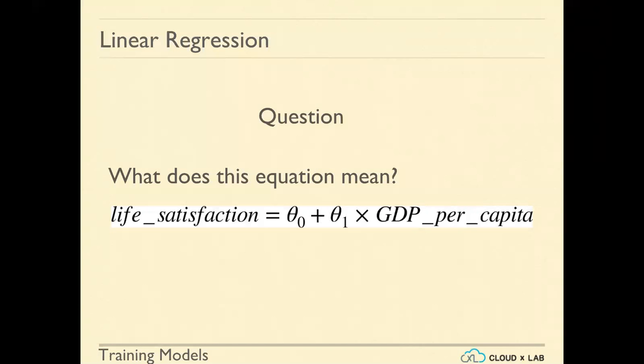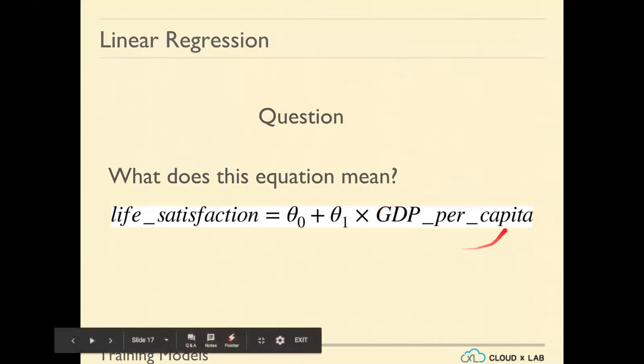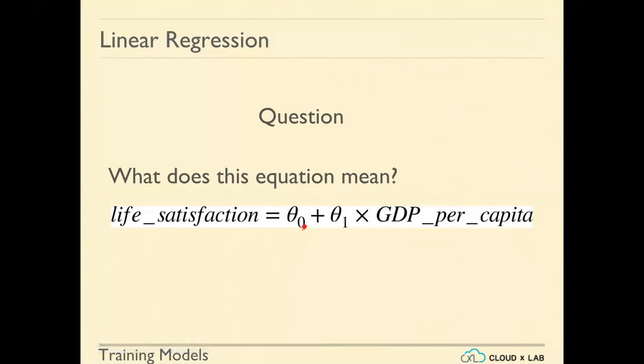Correct. It's a simple linear relationship, meaning if you multiply GDP by something and add something, we should get approximate life satisfaction value. It's a hypothesis, and we need to find these values to make this hypothesis predict our values.